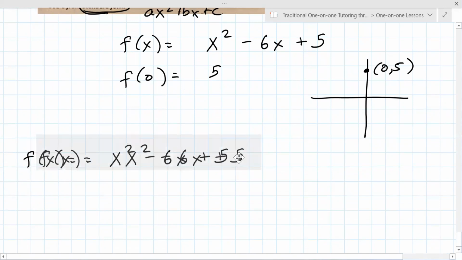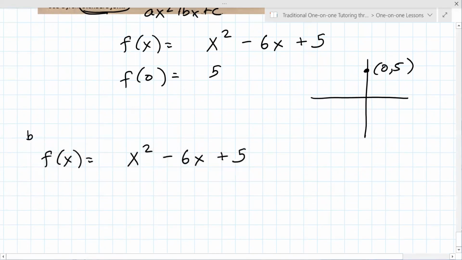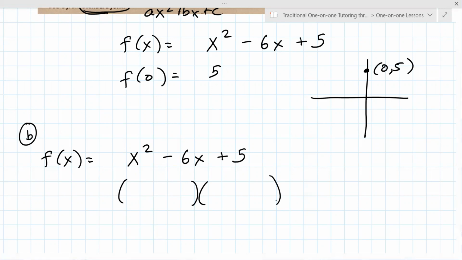Okay, so that's figuring out two numbers that multiply to 5 but add up to -6. But if I have two negatives, that makes a positive though, right? Right. They're both negative.